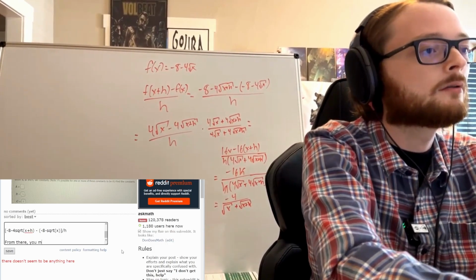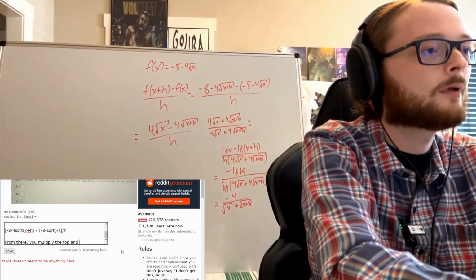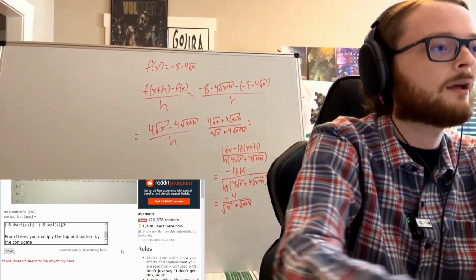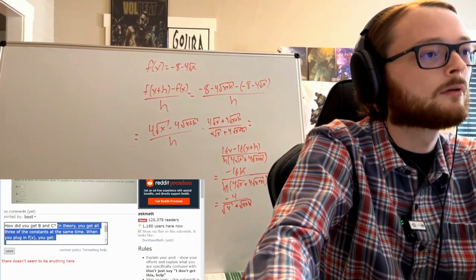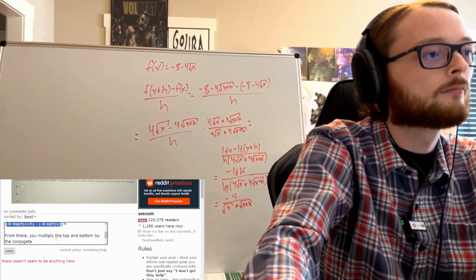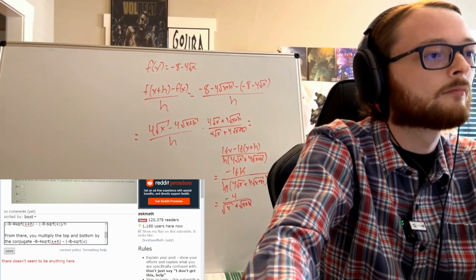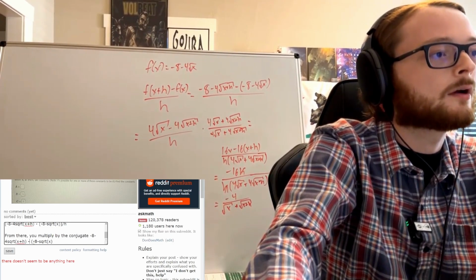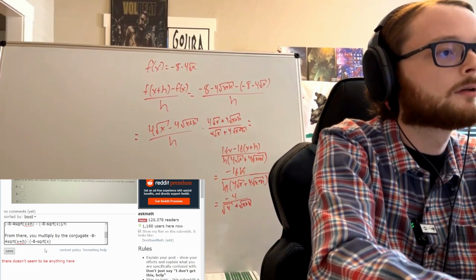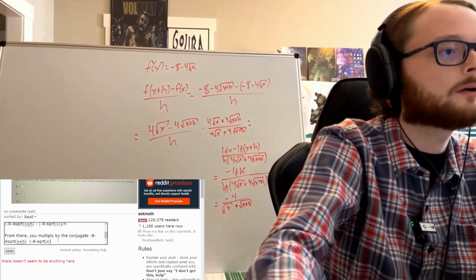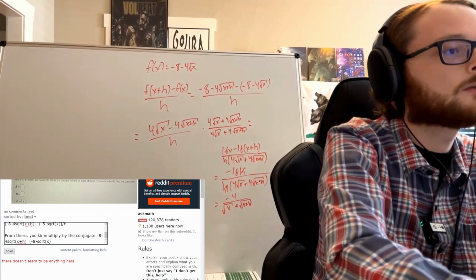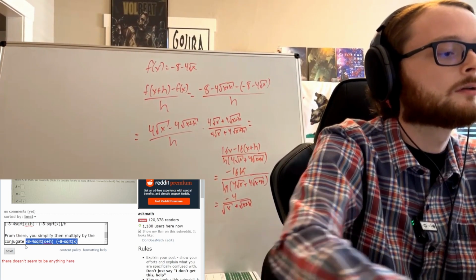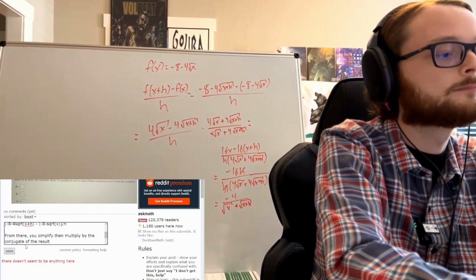From there, you multiply the top and bottom by the conjugate. I think conjugate is the right word. Actually, I'm going to say you simplify and multiply by the conjugate of the result.